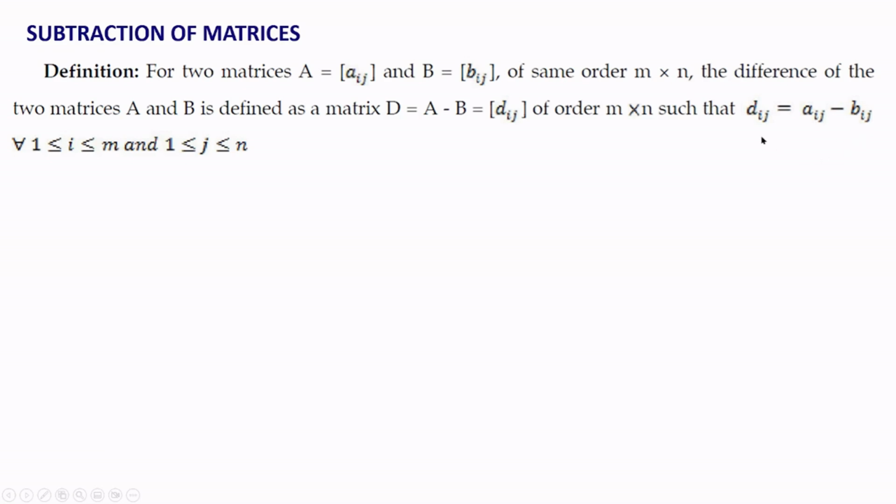The elements in the new matrix Dij are obtained by subtracting each element of B from the corresponding element of A, where i varies from 1 to m and j varies from 1 to n. So this is with respect to some of the algebra of matrices.